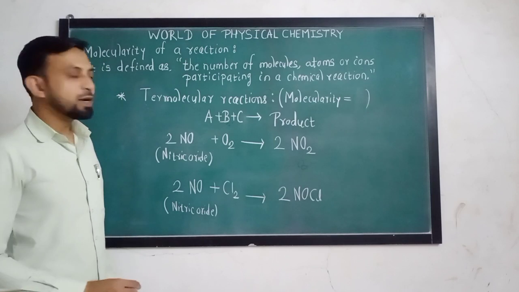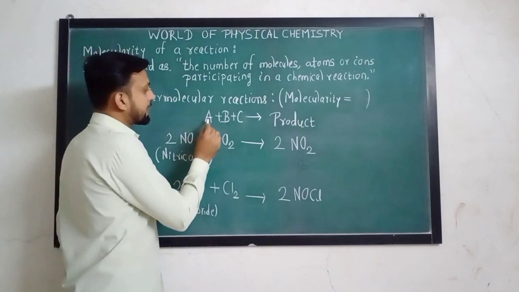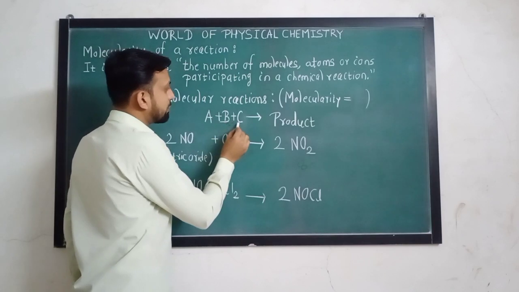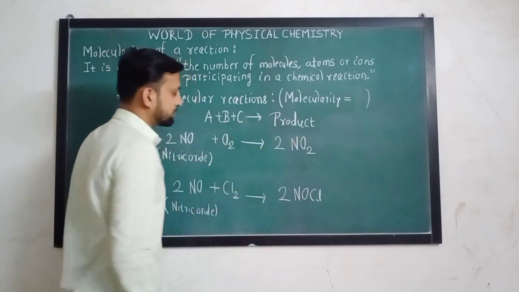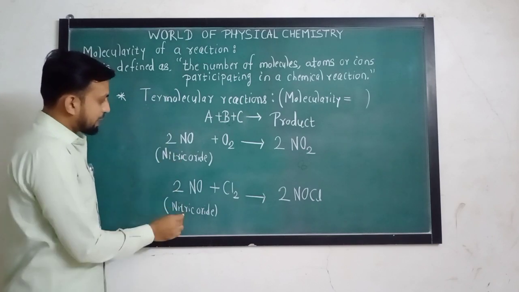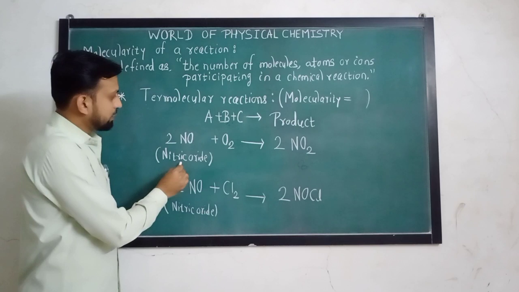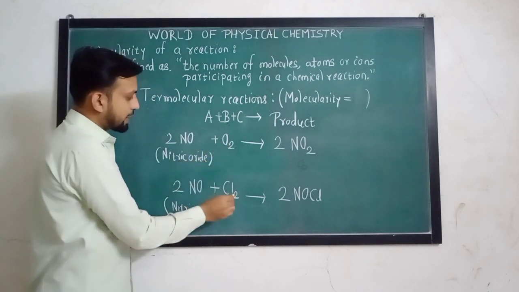Let us consider a general reaction in which 3 reactants, that is reactants A, B and C, are involved, which gives the product. In particular examples, 2 moles of nitric oxide are involved along with O2 and Cl2.